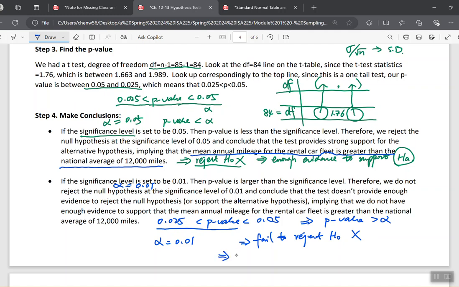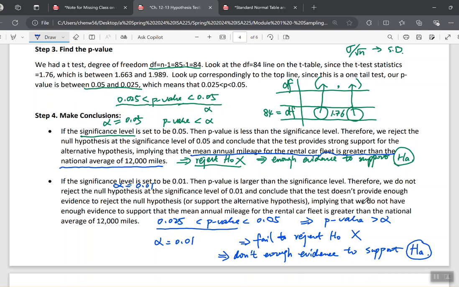We need to continue. We say we don't have enough evidence to support the alternative hypothesis. All right, so again, we do need to replace this HA with our human language, right?